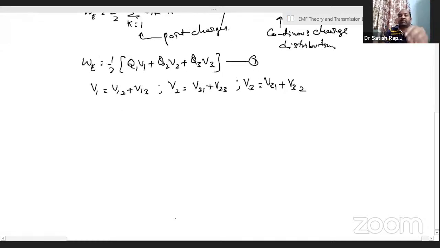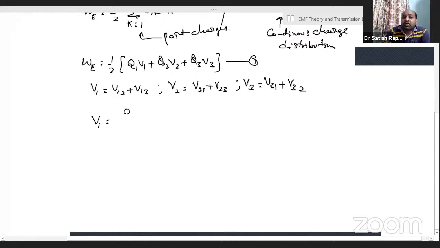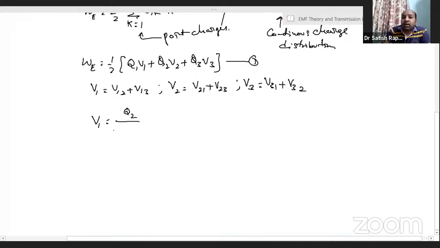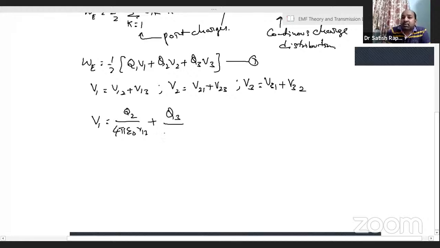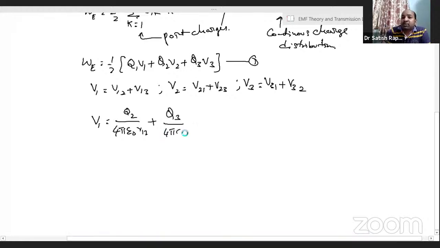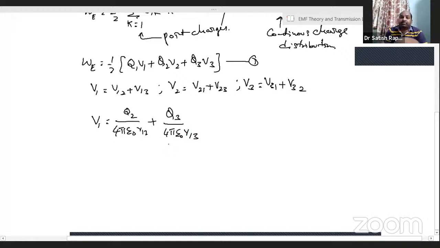So v1 is equal to v12 plus v13, where v12 is q2 by 4 pi epsilon naught r12 plus q3 by 4 pi epsilon naught r13.